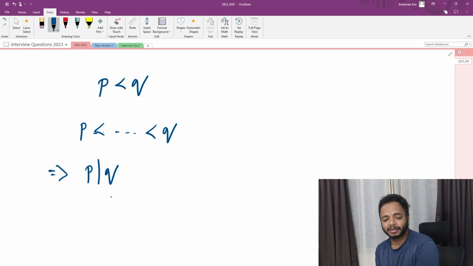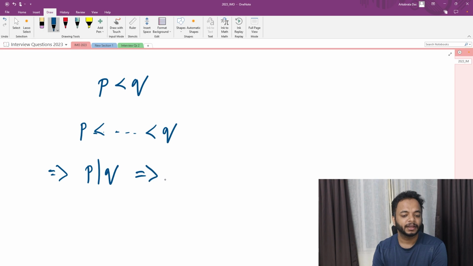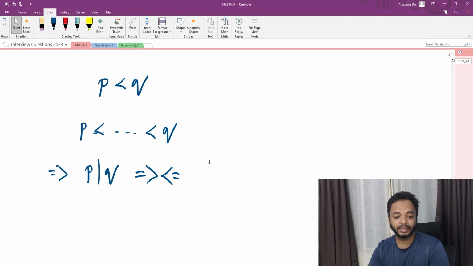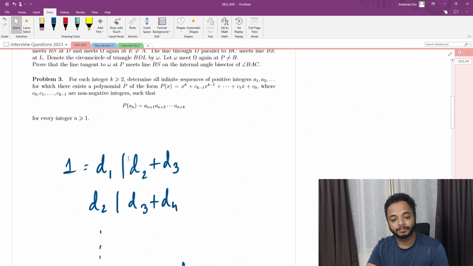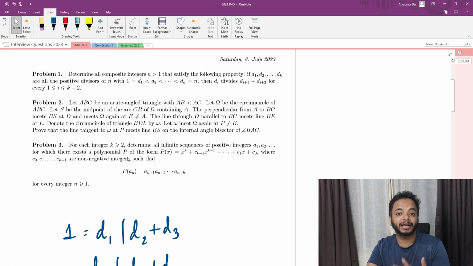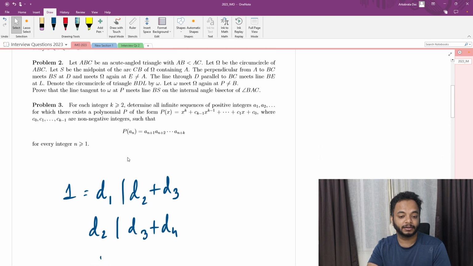But p and q are two prime numbers dividing each other, so that's a contradiction. And so a number can't have more than one prime factor. So the number has to have only one prime factor.